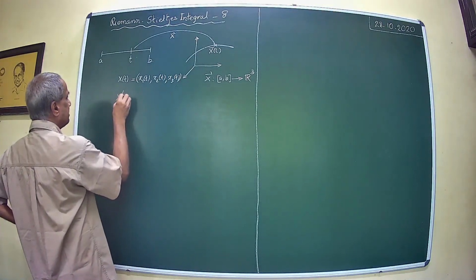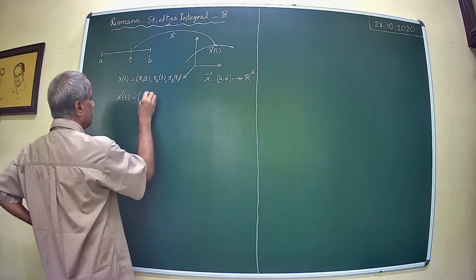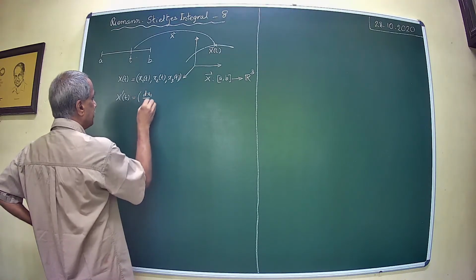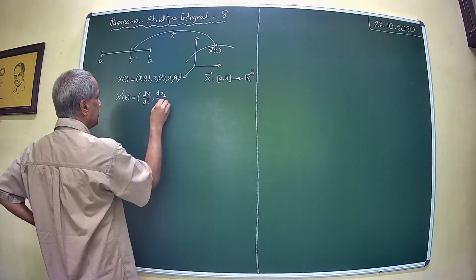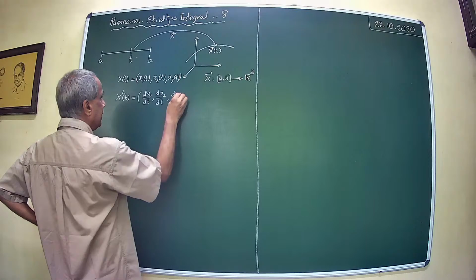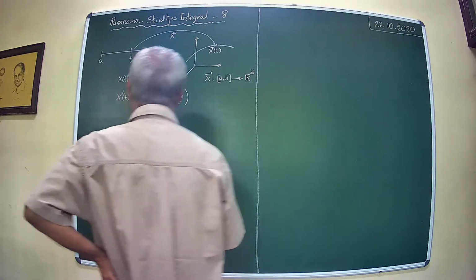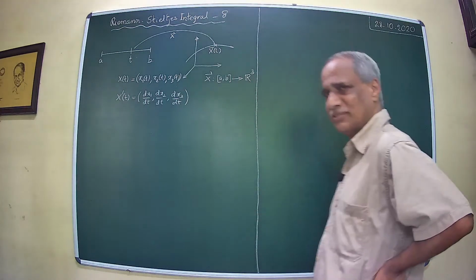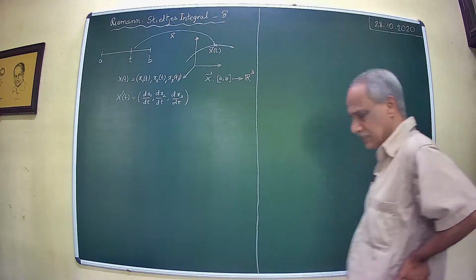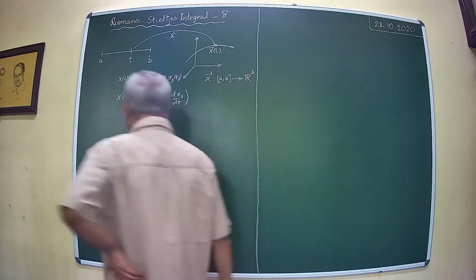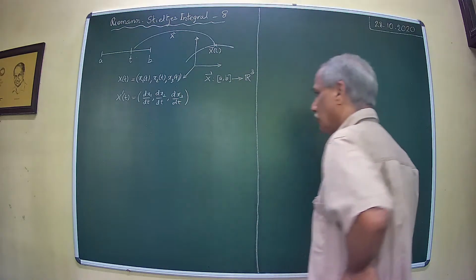X derivative stands for the following: dx1 by dt, dx2 by dt, dx3 by dt. We are assuming smooth functions so that the derivative exists and they are continuous. So that much comfort let us ask for.